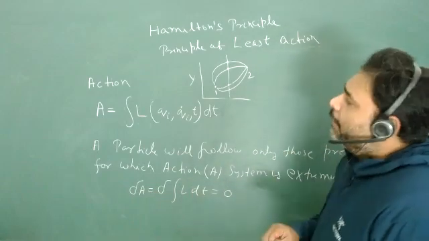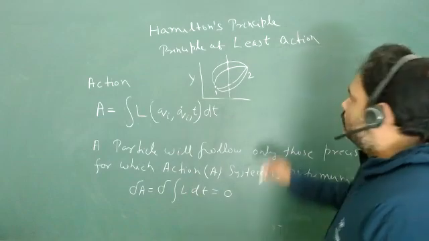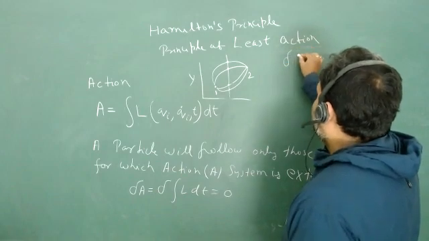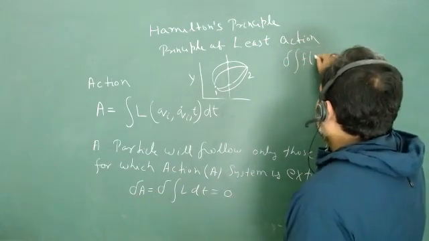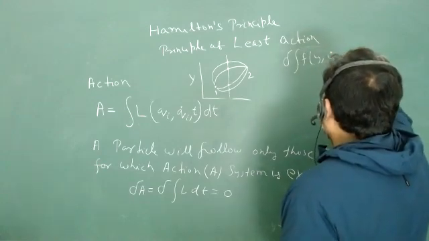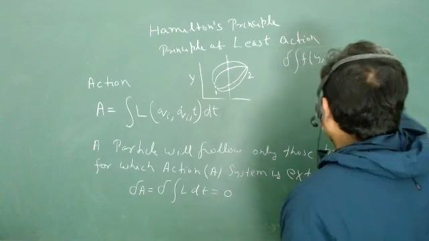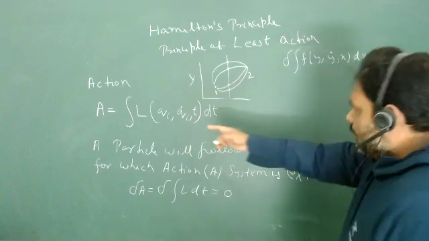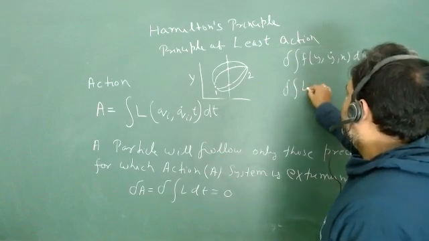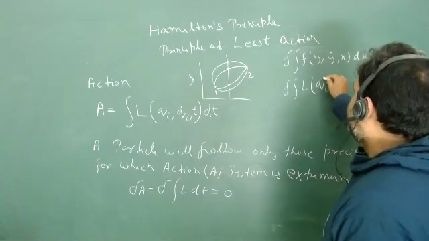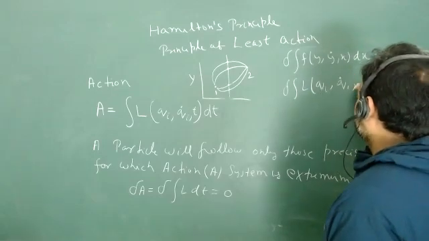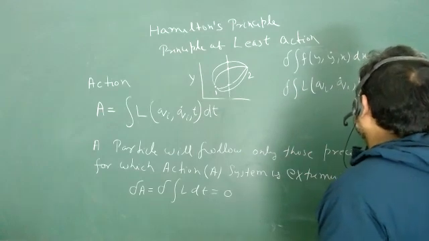Now we can compare it with the calculus of variation. What is calculus of variation? The calculus of variation is the variation of the integral of f, a function of y, y dot, x, dx. This must be 0. And here the principle of least action tells you the variation of the integral of L, a function of the generalized coordinate, generalized velocity, and time, dt.